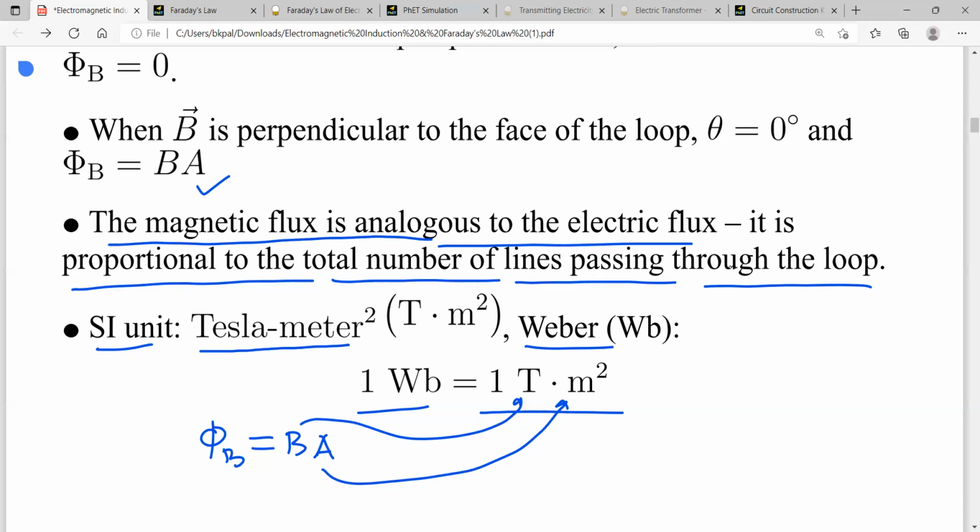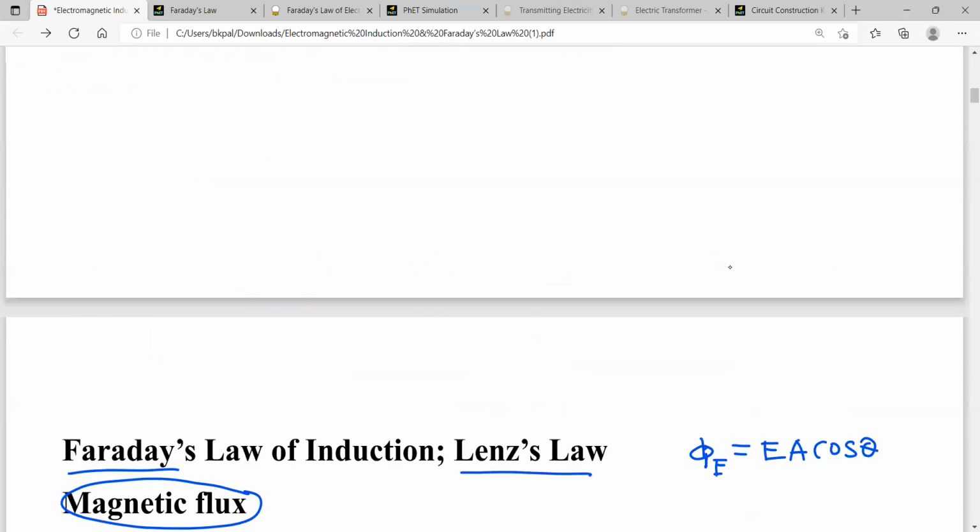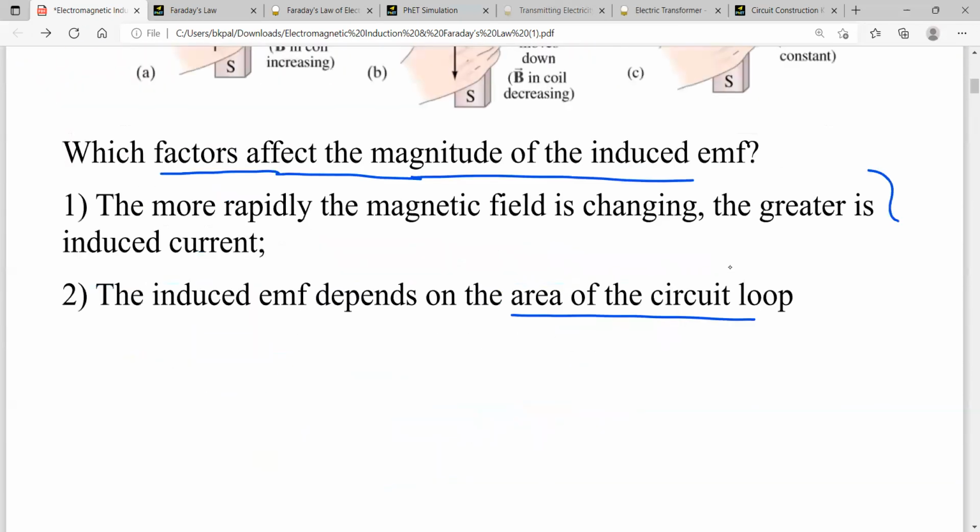Now you see that in magnetic flux we have both the magnetic field and area, on which the induced EMF depends. In the last slide, we learned about these two things: one is how rapidly you change the magnetic field, and the other is the area.